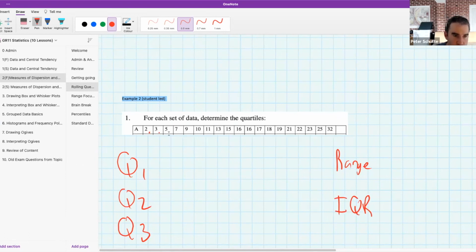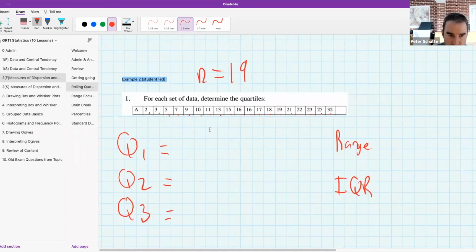So 1, 2, 3, 4, 5, 6, 7, 8, 9, 10, 12, 13, 14, 15, 16, 17, 18, 19. Okay, so n is 19. I want you to find me the quartiles for this data set, and then the range and interquartile range.